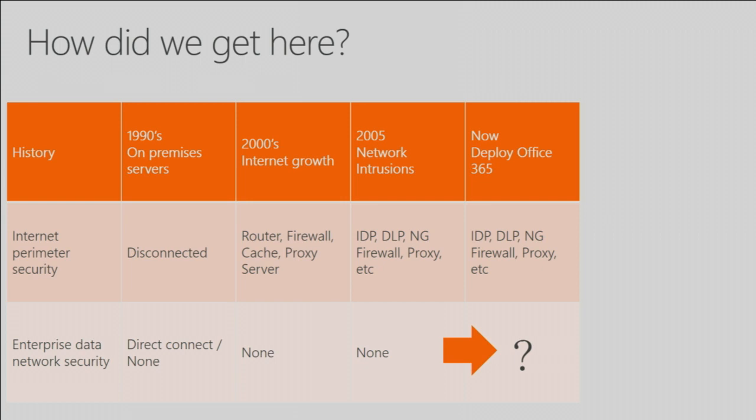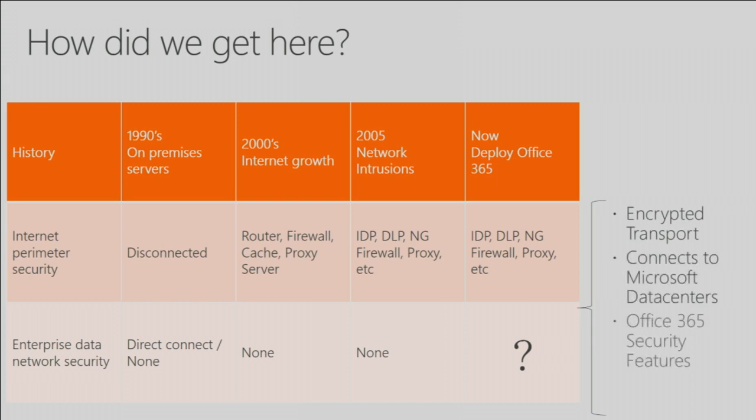Their enterprise data now being in Office 365, should they continue with no network security that they had from days gone by when they had it on premises? Everyone thinks they should have no internet security, no network security. So the other option is, should they use exactly the same network security that they use for random internet connectivity? All right? So I don't think either of those really works.